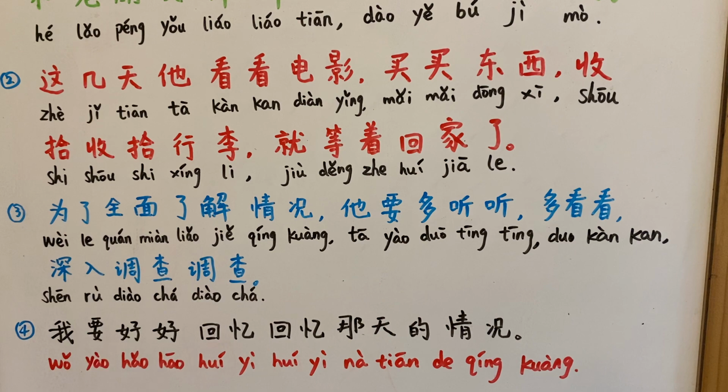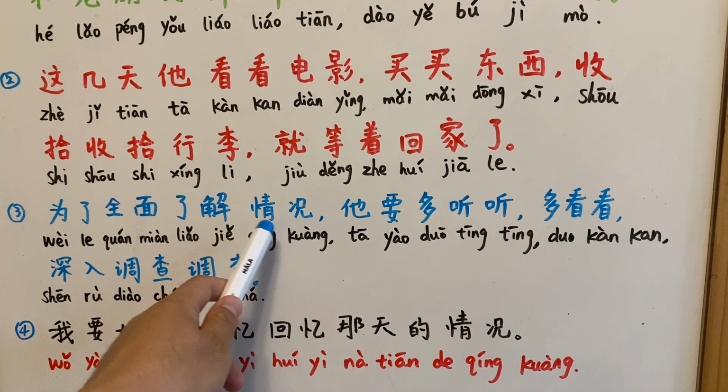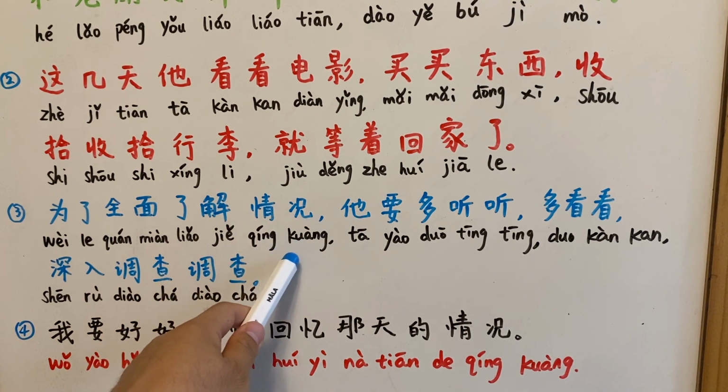It means universally, generally, 全面. 全面了解, to generally, to universally understand 情况.